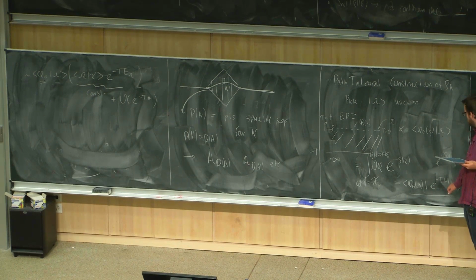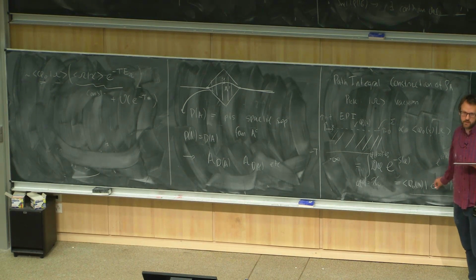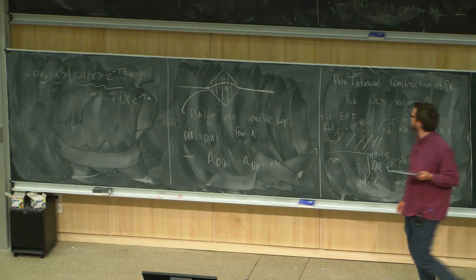And then this thing at large t just becomes a projector onto the ground state, because anything with higher energy than the ground state will get exponentially damped. This is a standard trick in quantum field theory for projecting onto the vacuum.